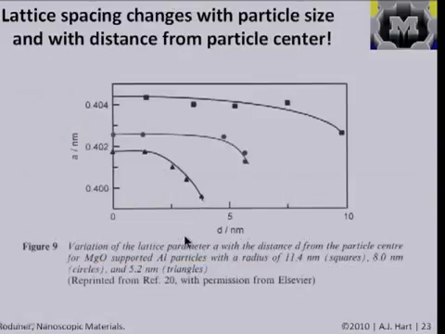And what can be done in more detail is these researchers have also plotted, for example, the change in the local spacing as a function of the distance from the center of the particle. So now this is no longer the radius or the diameter, it's how far you are from the center of the particle.